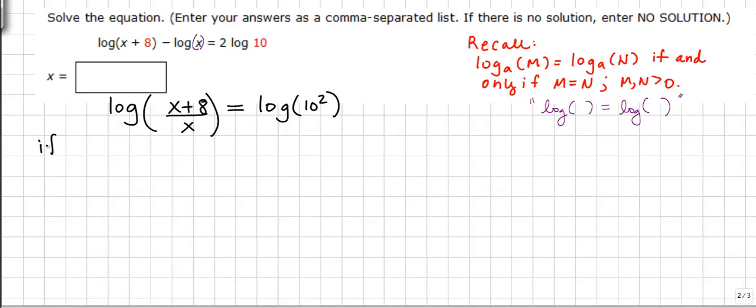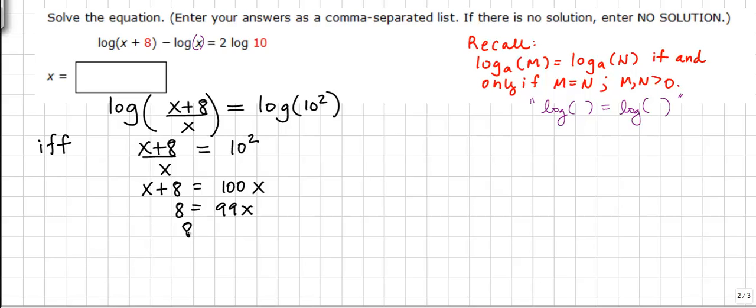And then I can say the logs are equal if and only if their two arguments are equal. And I can write this as x plus 8 equals 100x, or 8 equals 99x, or 8 over 99 equals x. But I need to stop, because if I don't check the domain of the equation, then I would be remiss.